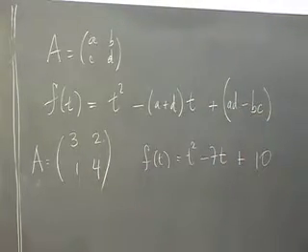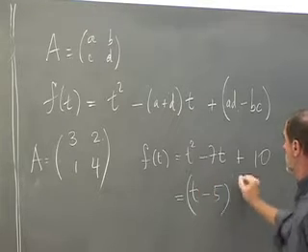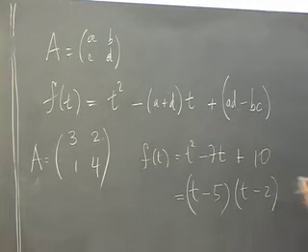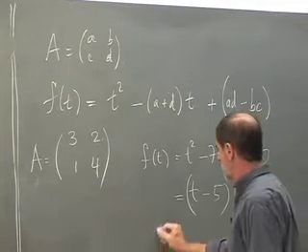Then we'd say, well, can I factor that? So it looks like t minus 5 times t minus 2. So 5 and 2 are eigenvalues.